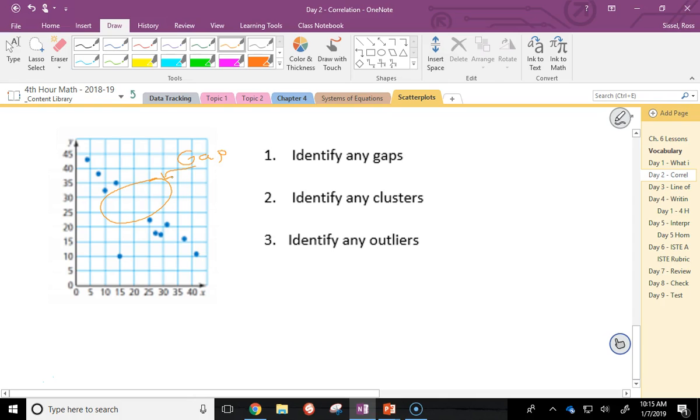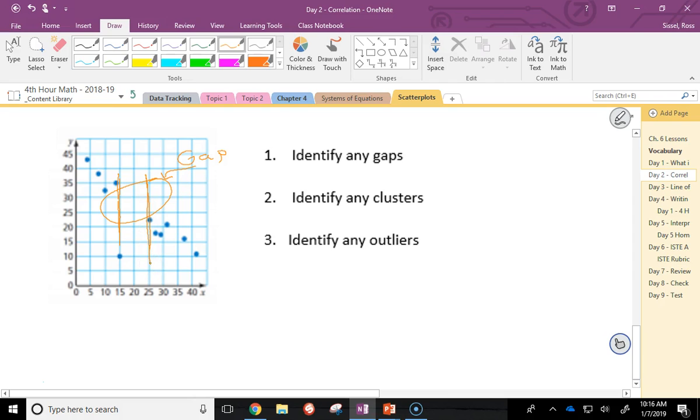So what I would write on here, if I had to identify any gap, they want me to go ahead and say something. When I'm describing my scatter plot, I'm going to look at two things. I'm going to look at my x-axis and I'm going to look at my y-axis. So my first one, if I look for this gap in this circle, it looks like, I'm going to erase this line in a second. But you see I really don't have any points in between right here and here.